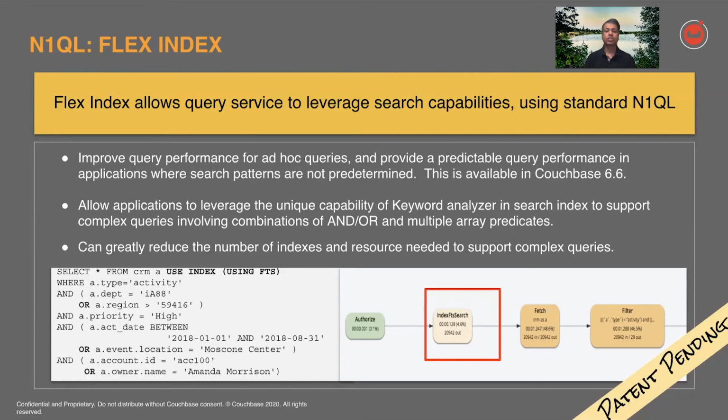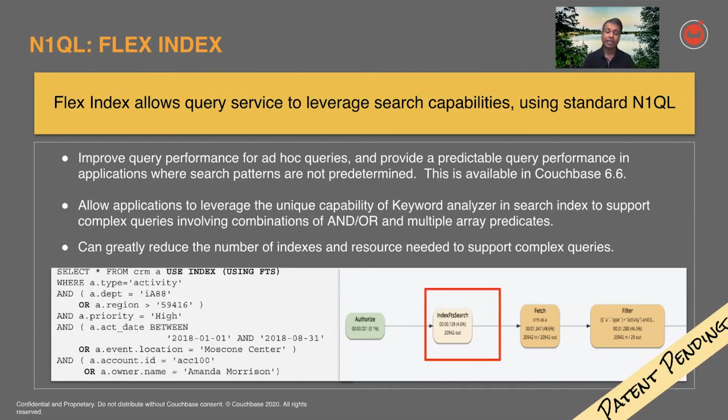And because of the inverted tree structure and how queries are processed using the dynamic bitmap layer within the FTS, take a query that looks like this, right? Select star from CRM, where you have complex ANDs of ORs. Any index that you create, or that our own advisor recommends for this particular query, is not going to be as efficient as an FTS index.